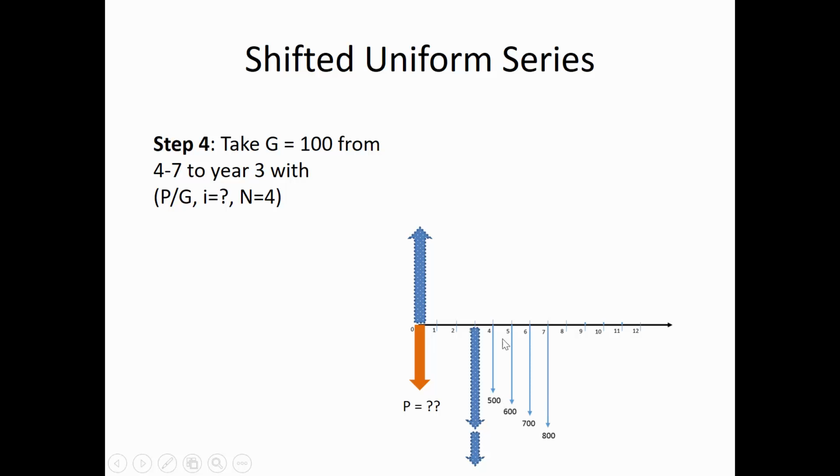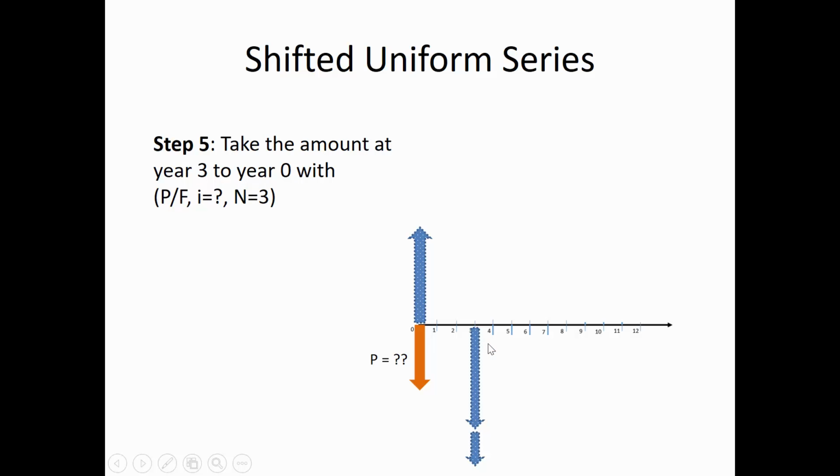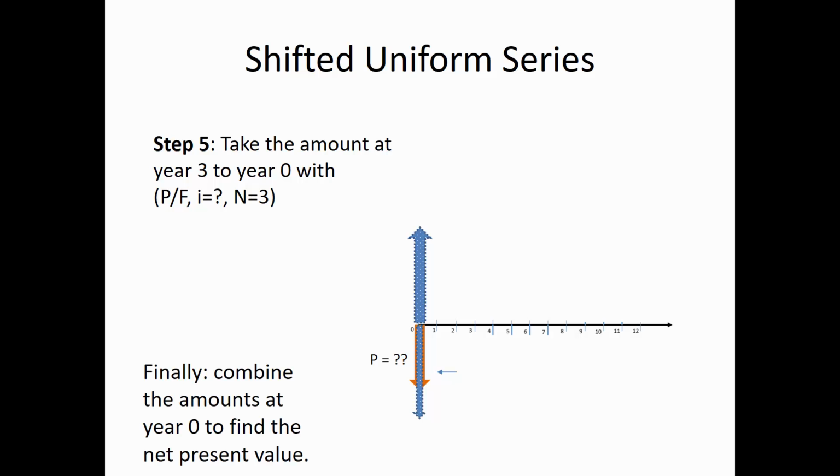But what we really know is it's in year 3, and 3 isn't the present. 0 is the present. So now here in step 5, we're saying, well, these amounts in year 3, we're going to move to 0. And then it won't be in 3 anymore. And our final task is to combine all of the amounts at the present to find out what this net value is, whether it's a positive or a negative. We don't know until we actually do the calculations.